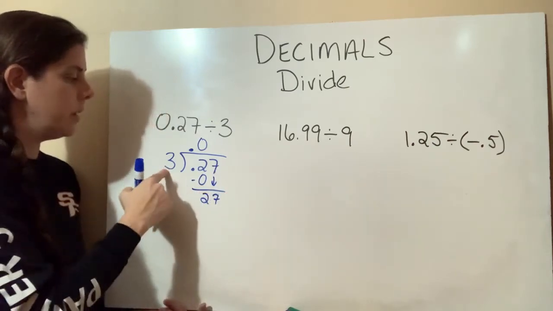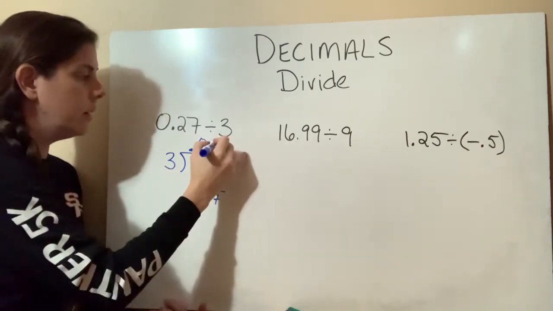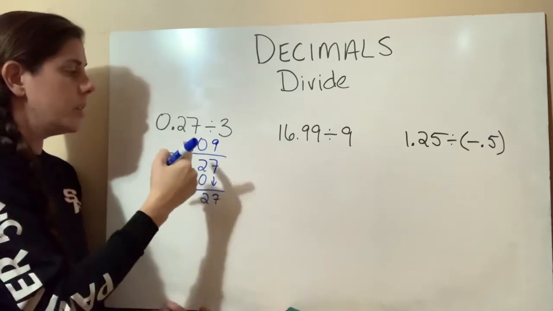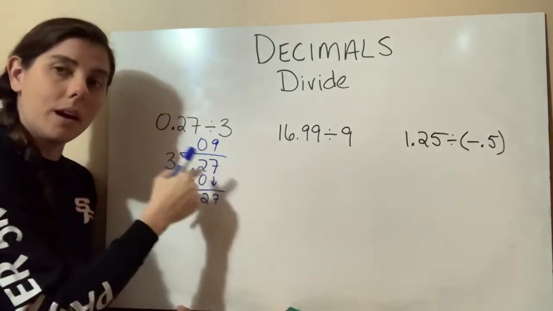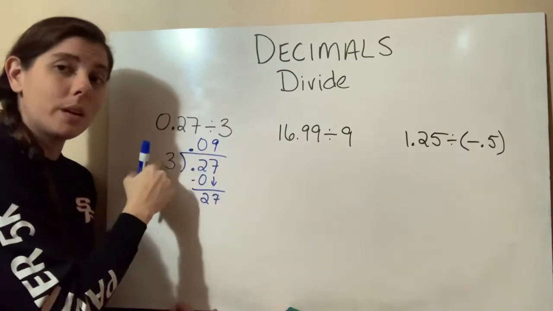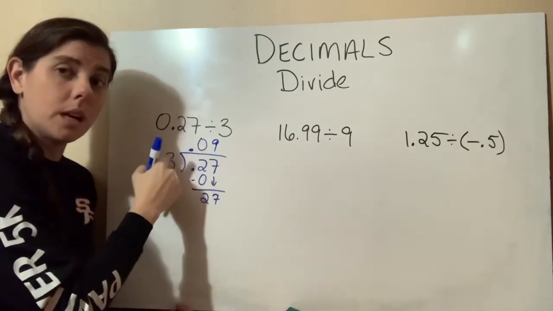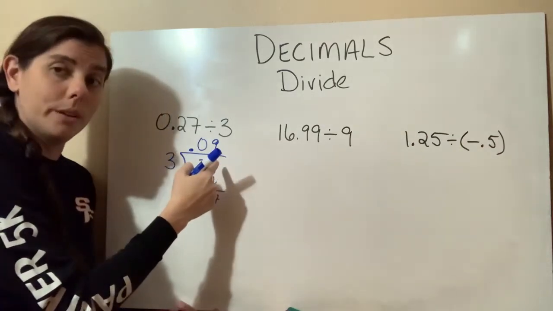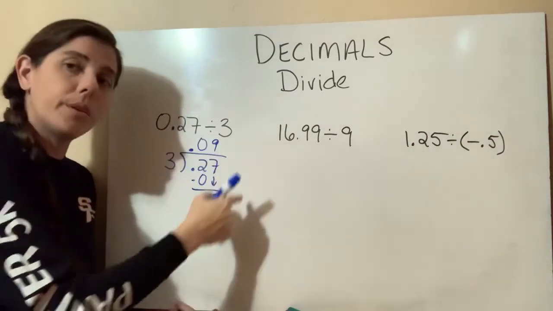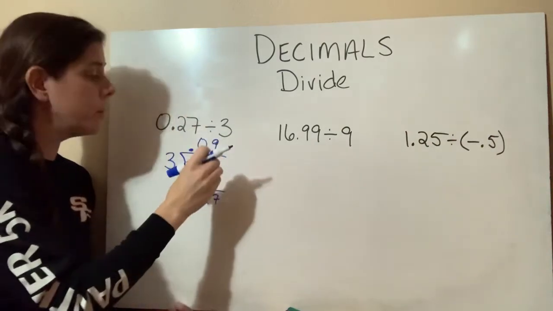We have 27. 3 goes into 27 9 times. So with decimals, you just have to beware that it's not 3 times 9, it's 3 times 0.09. That's going to get you 0.27. So set it up with your long division and work through each of those numbers.